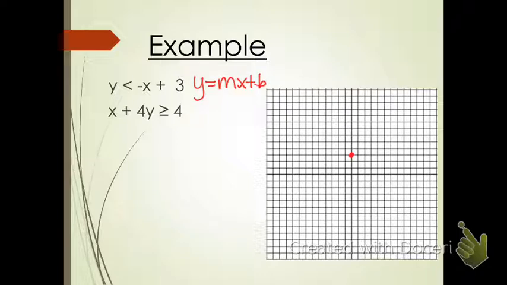And then the m value would be -1, which as a fraction would be -1/1. So from our y-intercept, we're going to go down one, right one, down one, right one, down one, right one. And we'll repeat that several times. And you can also go up one, left one.